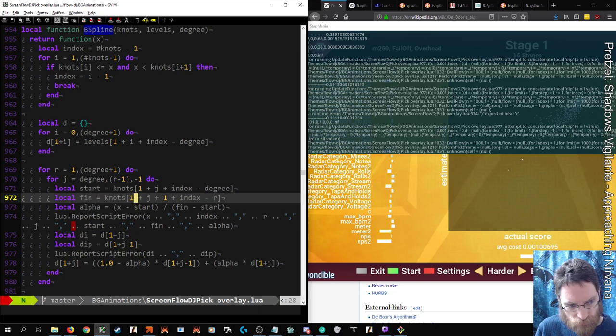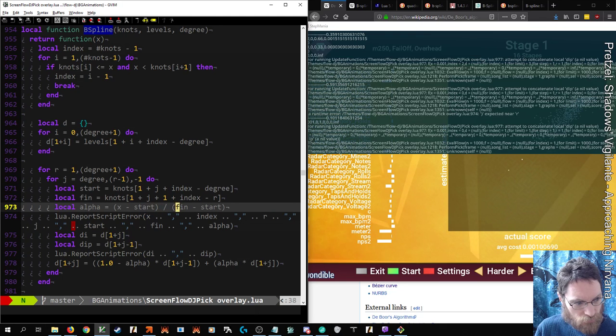This might be degenerate because it's degree 0. Plus 0 plus 1 plus 0 minus 1. So that actually is degenerate in this algorithm, at least. And that at degree 0, it's just a straight up 0-1 influence.